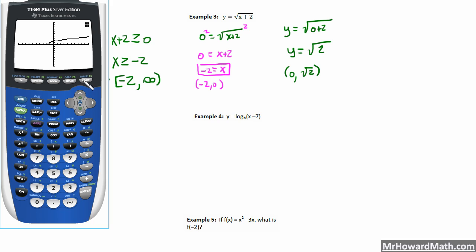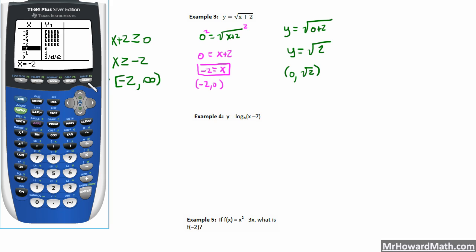We can go in our table and see those same things. We go back here to -2 and it's equal to 0. Again, that was our x-intercept. And then if we go to -3, -4, -5, -6, we're getting errors because we're undefined. Notice our domain goes from -2 to positive infinity.